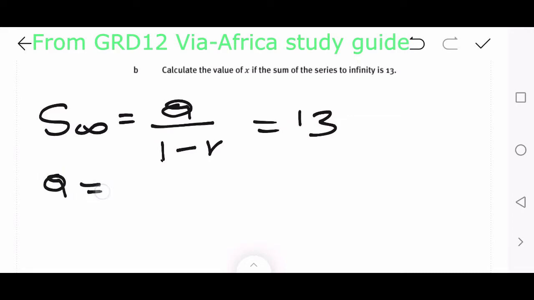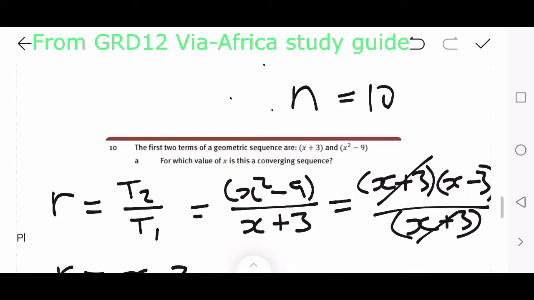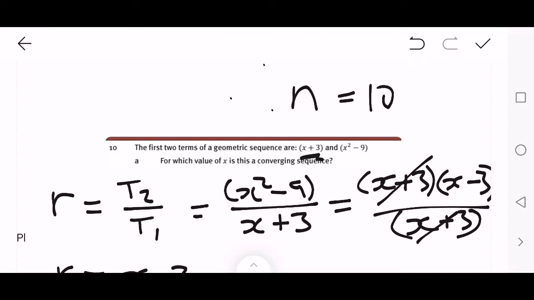Well, a equals the first term, or t1, of a sequence, and this is equal to this expression here, x plus 3.